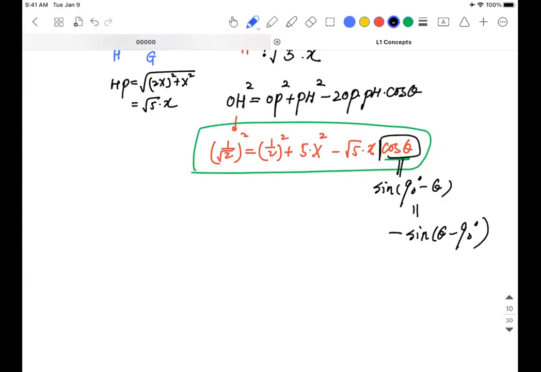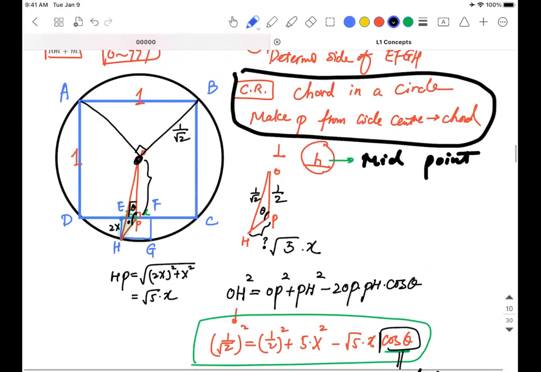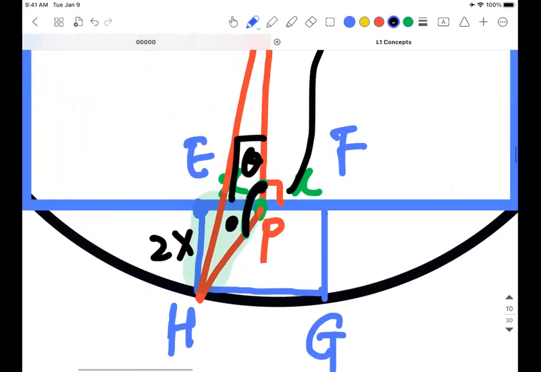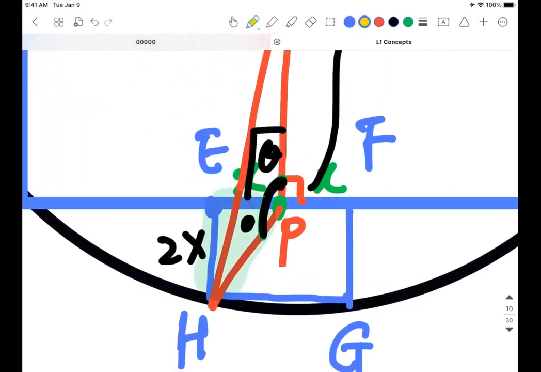Is that right? Minus sine of theta minus 90 degrees. Where is my theta minus 90 degrees? It's exactly this little yellow stuff. This is going to be my theta minus 90 degrees.